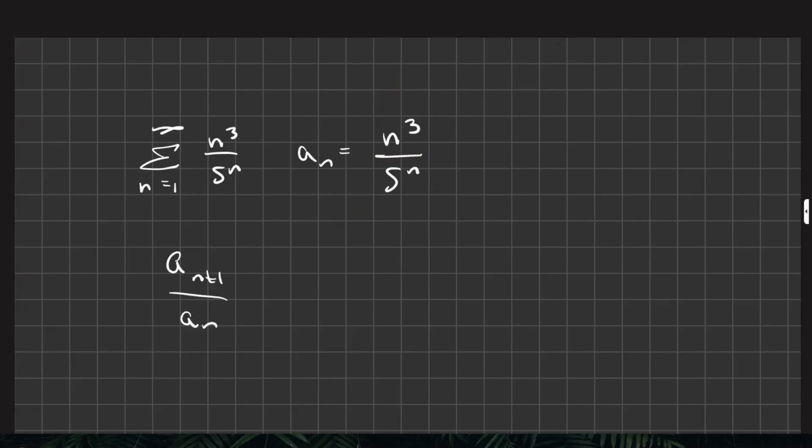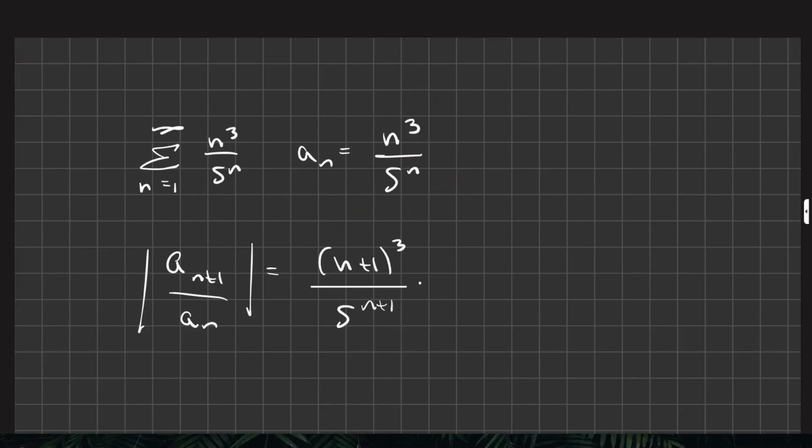So we want this ratio, right? And we consider it in absolute values. I'm going to drop the absolute value bars. Hopefully everybody's comfortable with the fact that this is always positive. I'm just going to ignore the absolute value terms and slap them on at the end. So a sub n plus 1 will give us (n plus 1) cubed over 5 to the n plus 1.